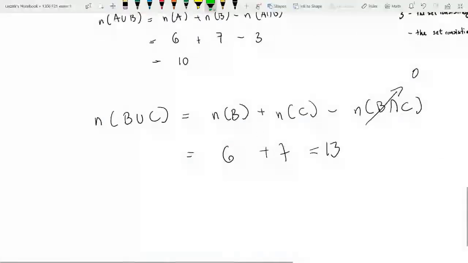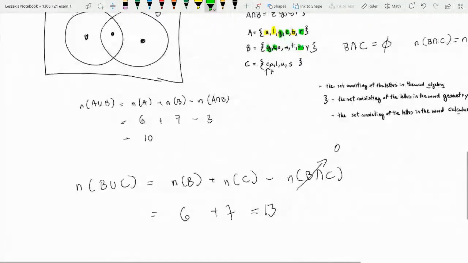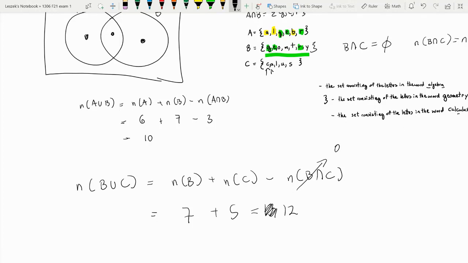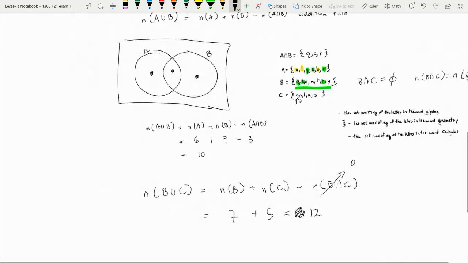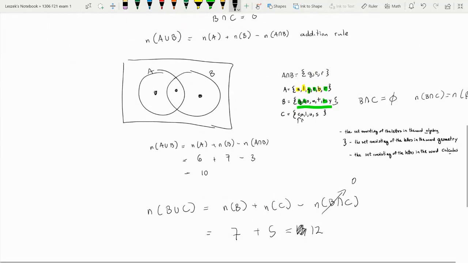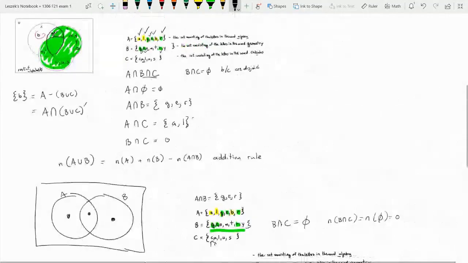Oh, I just used the wrong numbers. What's the number of elements in set B? That's 7. I just copied what I had above, and that was silly. And the number of things in C is 5. Indeed, that's 12. So that's correct. Any questions about Venn diagrams, at least for, let's see.